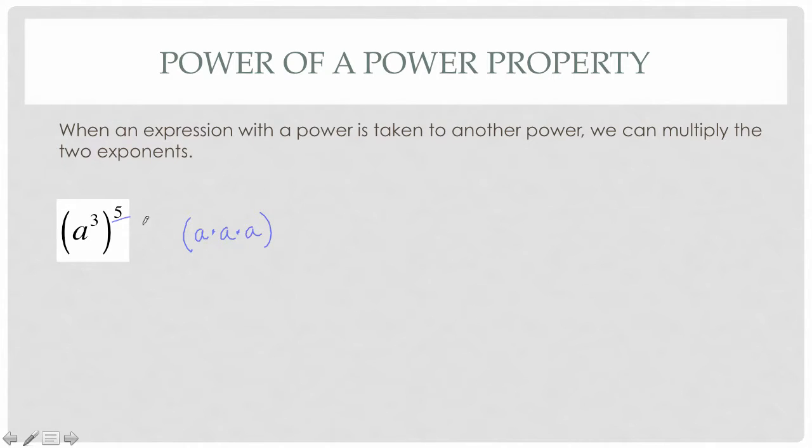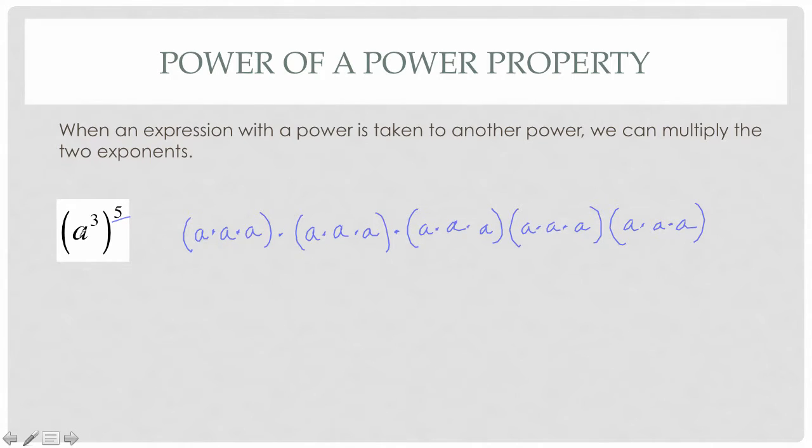But I have 5 of them, right? So there's times another a times a times a. There's 2 of them, times another a times a times a, times another a times a times a, times one more a times a times a.